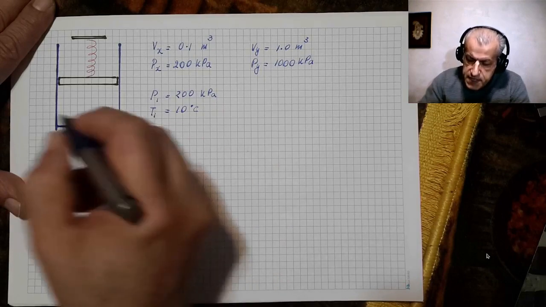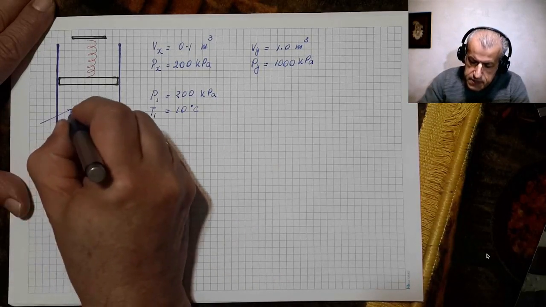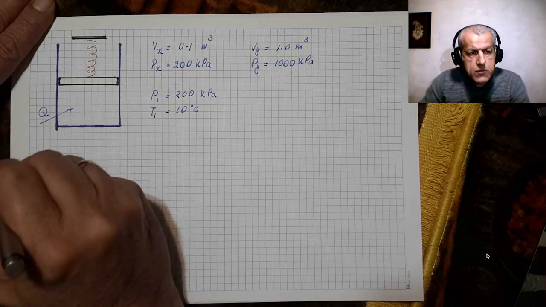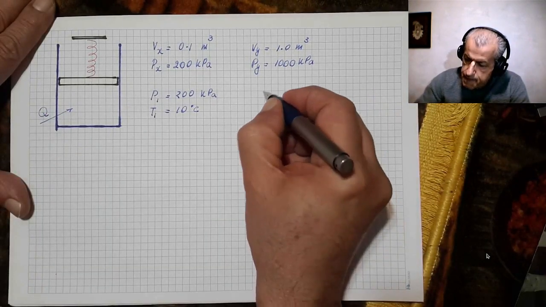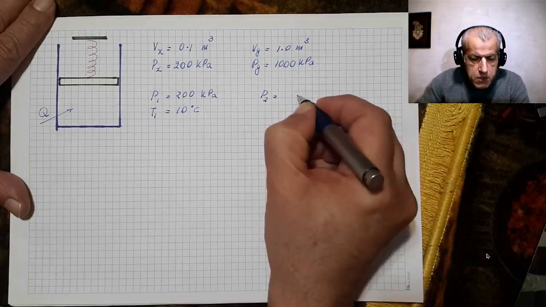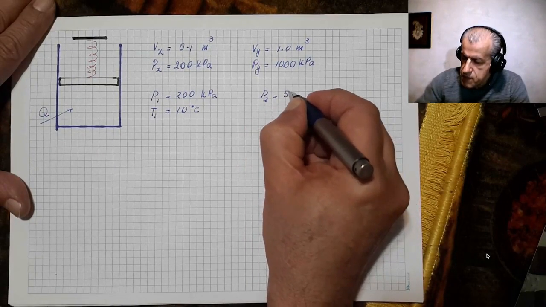Now, we heat this cylinder, so we add heat to it, and P2 would be 500 kilopascal.